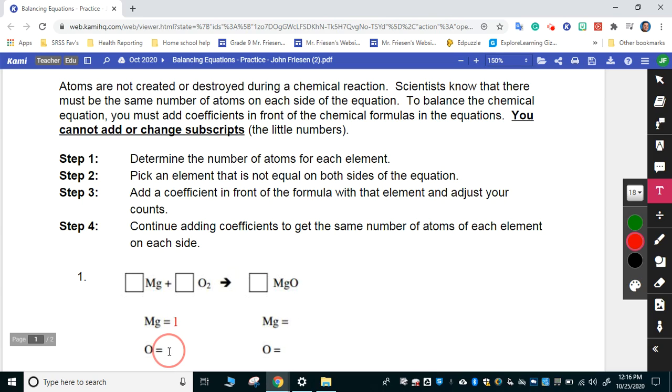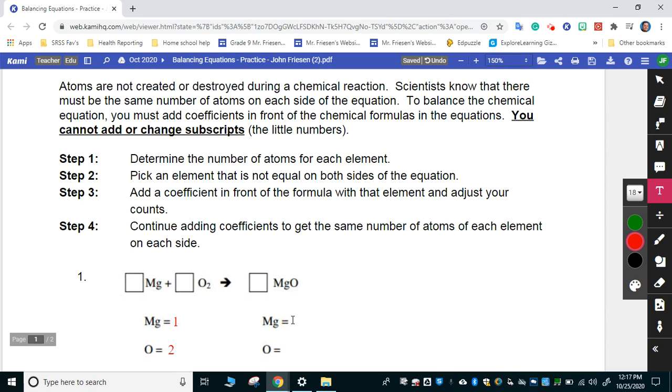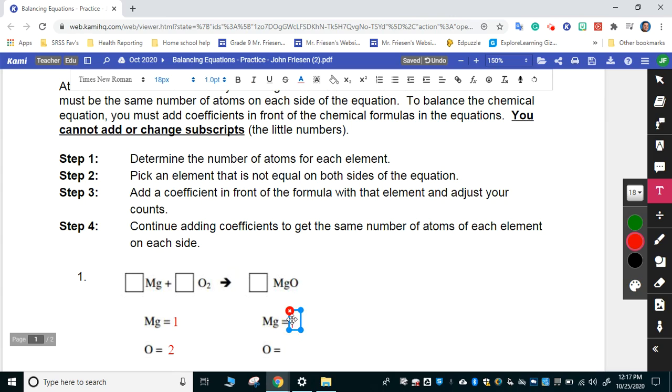Okay, there are 2, yes. Now, if we come to this side of the equation, how many magnesiums are there and how many oxygens are there? Well, there is 1 and 1 here. And so we put a 1 right here, and we put a 1 right here.